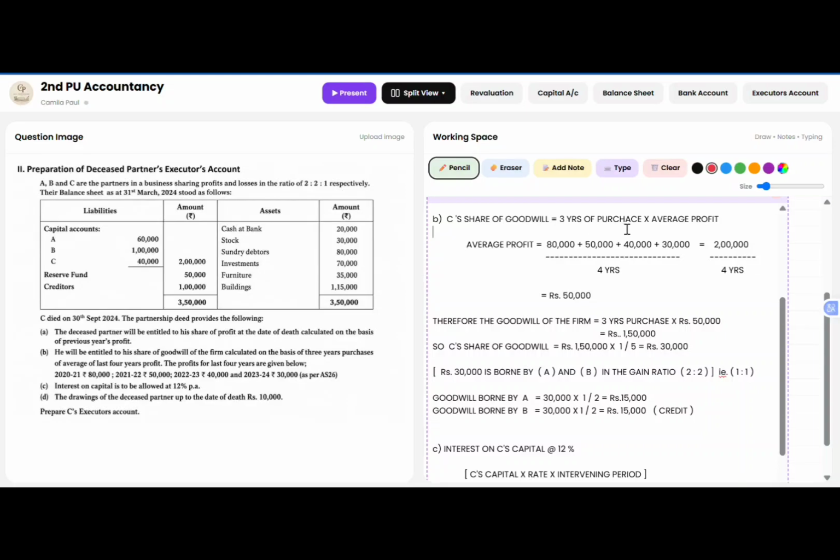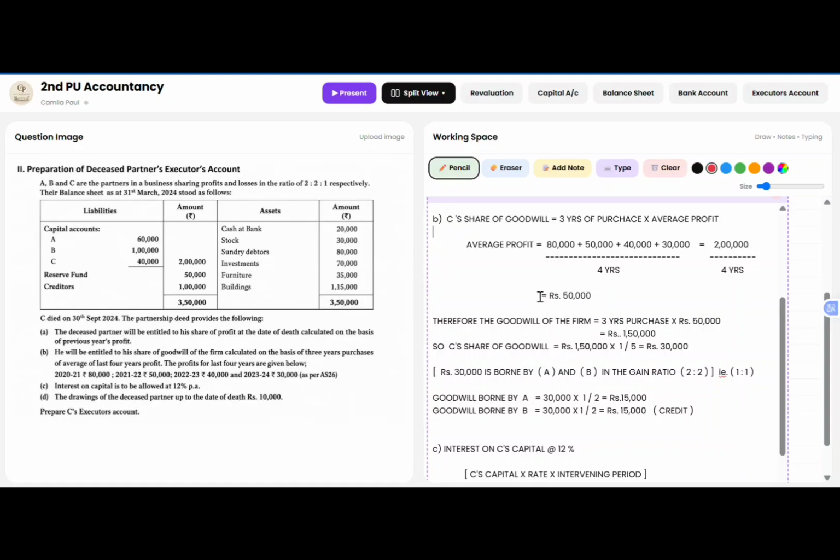So first we need to calculate the average profit of the last 4 years profits. So the average profit will be 80,000 plus 50,000 rupees plus 40,000 plus 30,000 divided by 4 years, which will be 2 lakhs divided by 4 years. When you divide, you get 50,000. So this is the average profit.